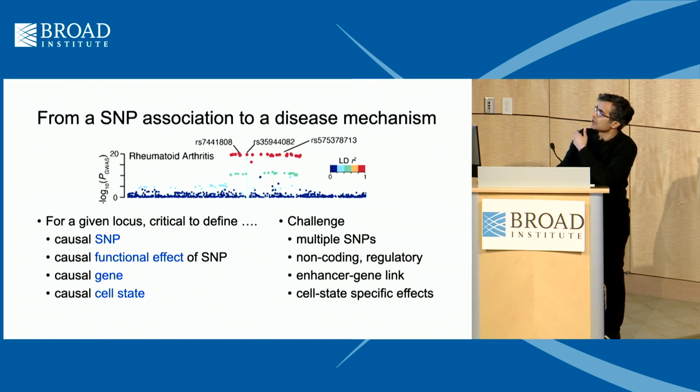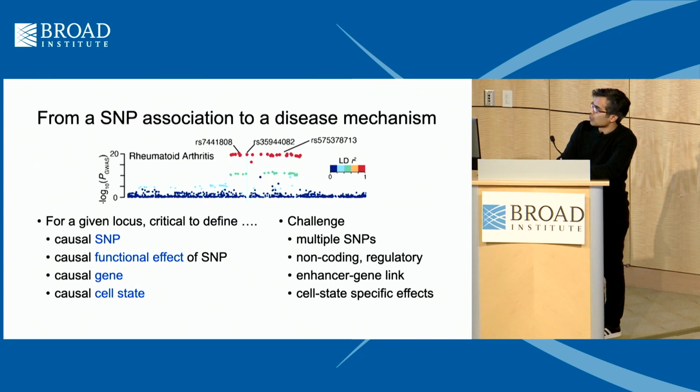And to do that, you really need to understand what the causal SNP is, and that's often a challenge because you have multiple SNPs associated, as you can see in this particular RA-associated locus. You want to understand the causal function of that SNP, and that's typically a non-coding regulatory function in most, 90% of cases.